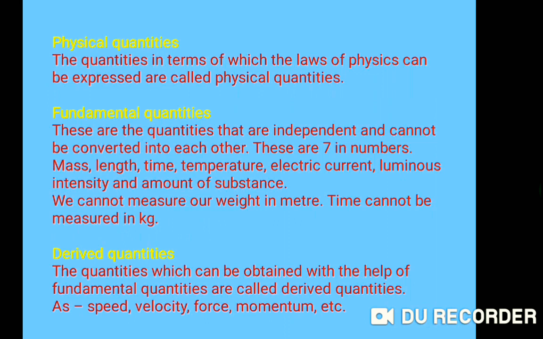Now, our next topic is physical quantities. The quantities in terms of which the laws of physics can be expressed are called physical quantities. Physical quantities are of two types. One is fundamental quantities.